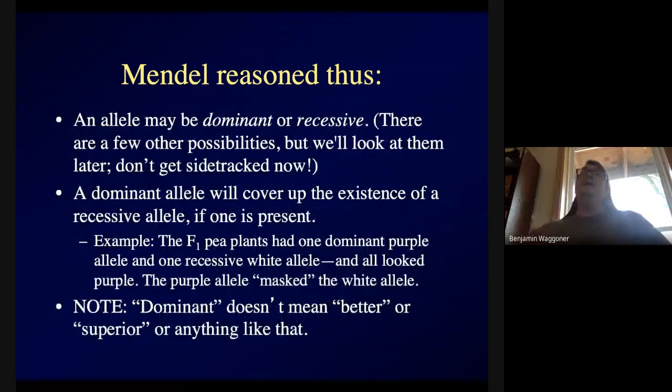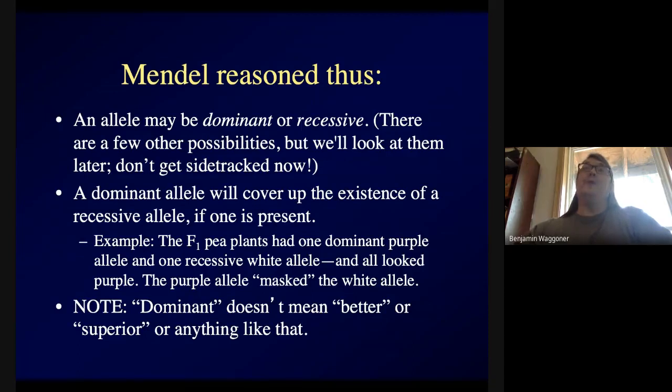Okay. Any given allele might be dominant or recessive to another allele of the same gene. There's other possibilities, but let's not get sidetracked right now. Dominant, again, doesn't mean better. Like the flower color allele for purple does not beat up the flower color allele for white and take its lunch money or give it a swirly or anything like that.